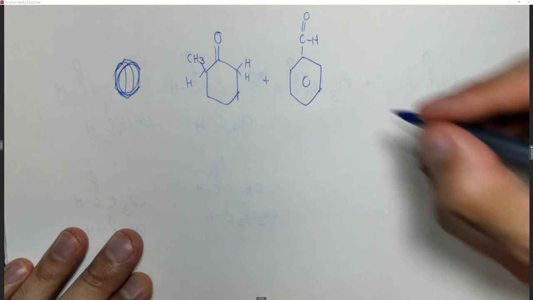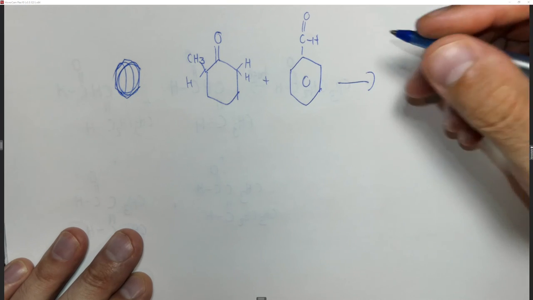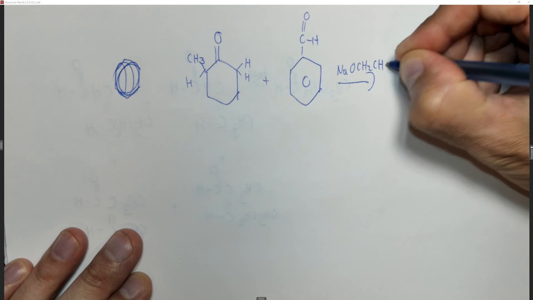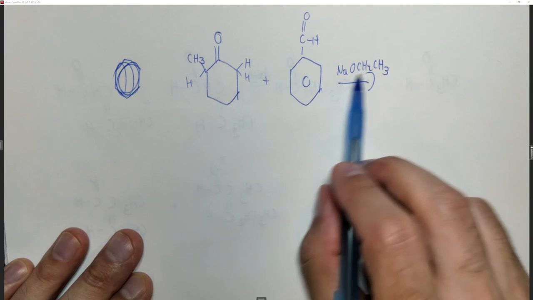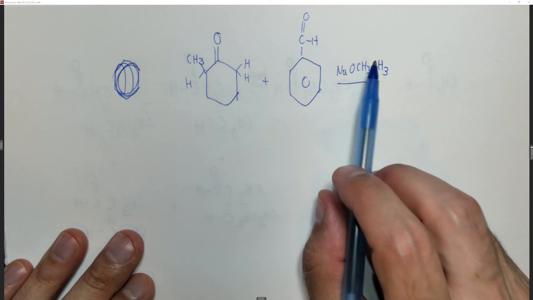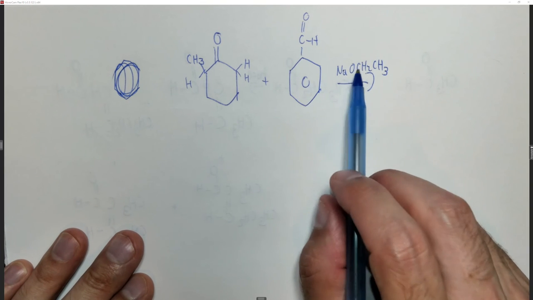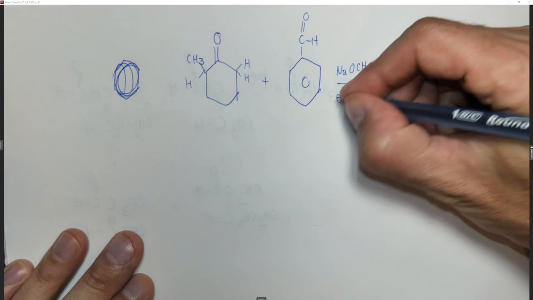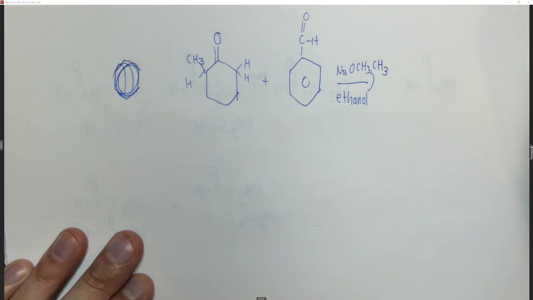All right, what are we going to get in the presence of, in this case, the weak base NaOCH2CH3? And I just need to point out again, this is not a weak base in the sense of bases like you learned in general chemistry. This is pretty strong. But compared to something like LDA, this is a weak base. And this would be done in ethanol as the solvent.